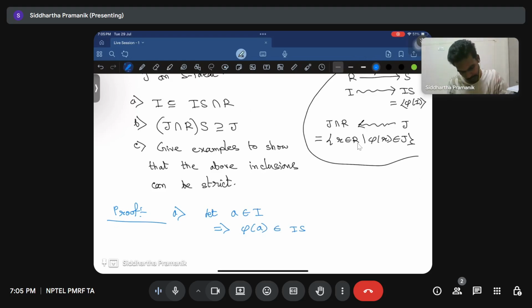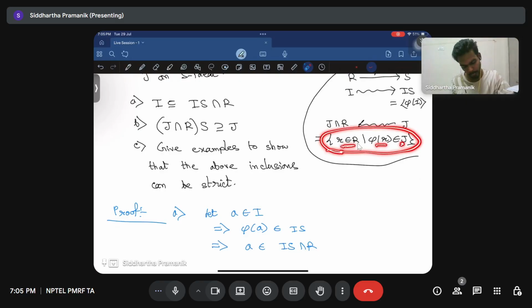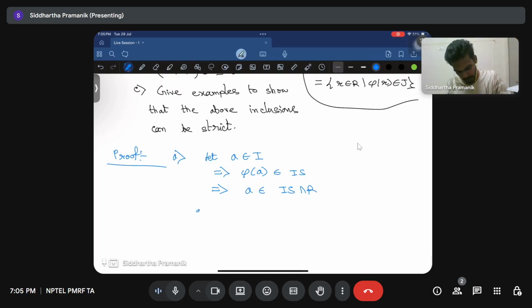Now that will imply that a belongs to its extension and again contracted back, because by the definition it is the set of all those elements whose image is in J. So it is clear that I is a subset of IS intersection R.